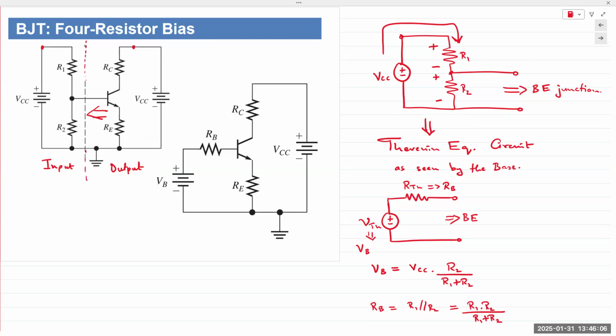So now we need to convert this to this, where VB would be the Thevenin voltage and RB would be the Thevenin resistance. This is the base emitter junction.